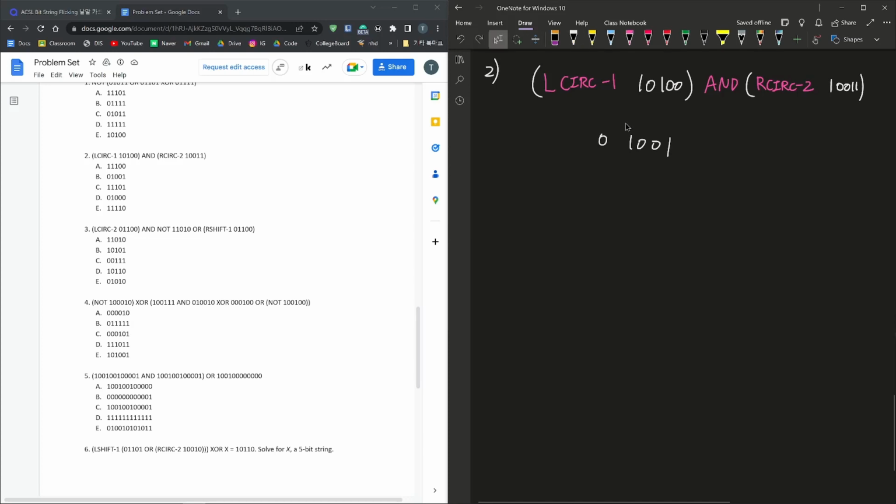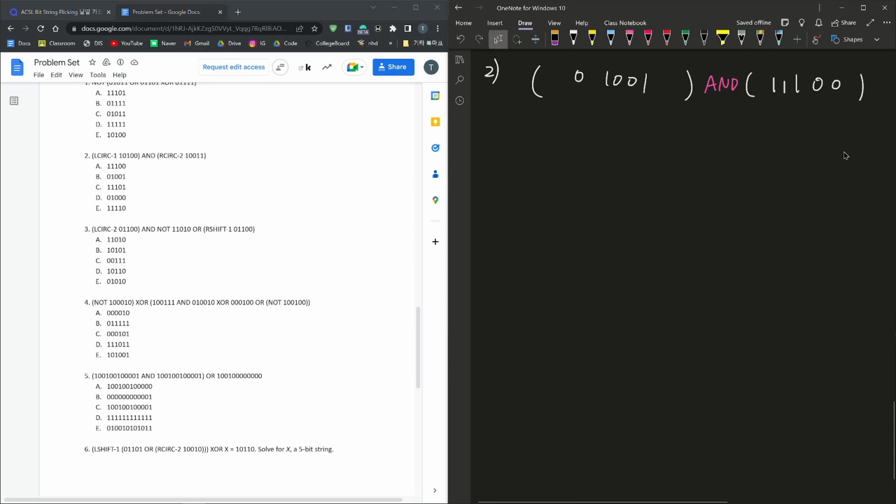to the right. You take the beginning digit, move it to the end. We're gonna delete this, replace it with the answer that we just got, and then the next parentheses: CIRC 2 10011. We take the 2 digits from the right, move them to the left, and there we go. We will delete this and move this one in place.